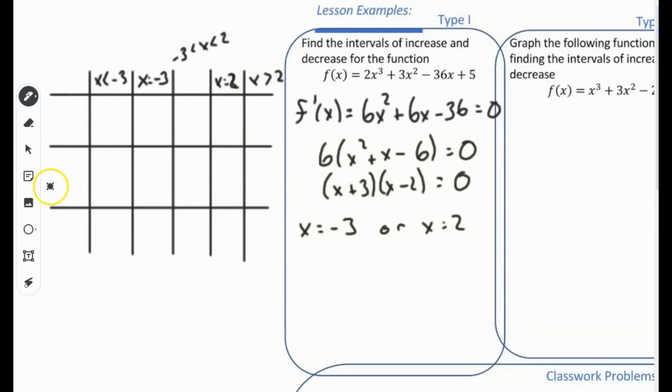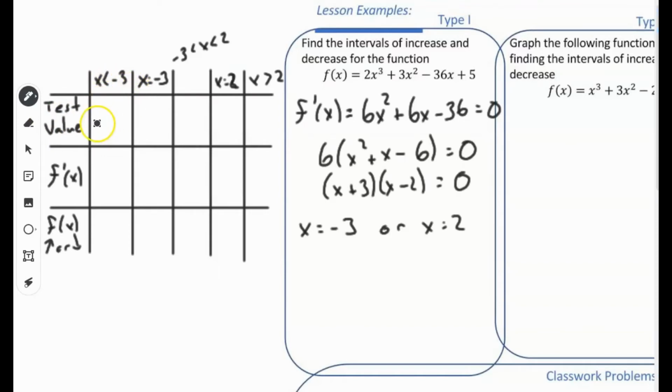And we are going to look for the value of f prime at x, because that will tell us whether or not our function f at x is going to be increasing or decreasing. So to do that, we just pick some sort of test value. Doesn't matter, pick something that's easy. So when I say easy, something that's less than negative 3, maybe don't pick negative pi.